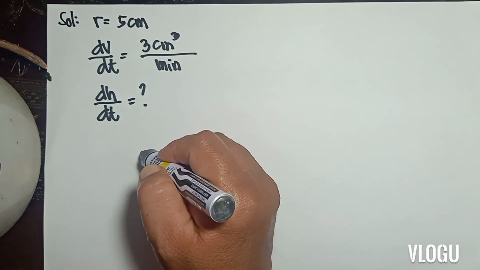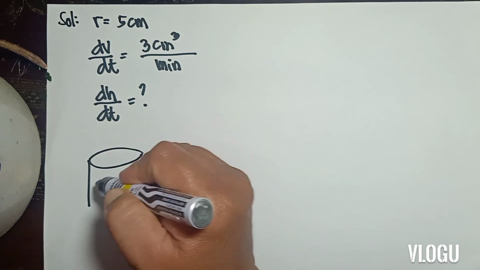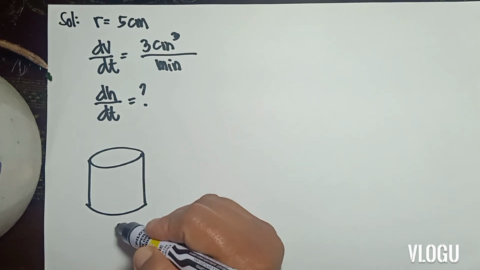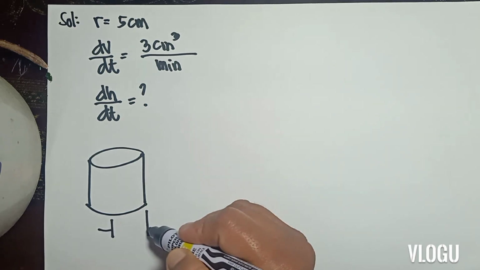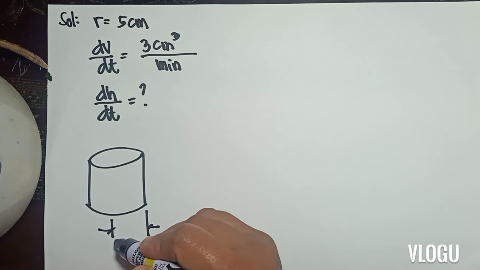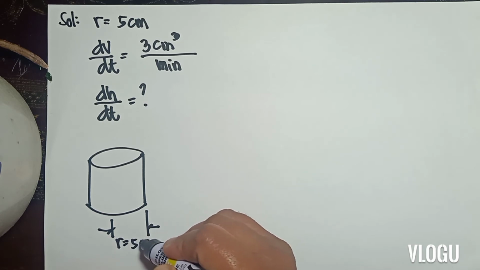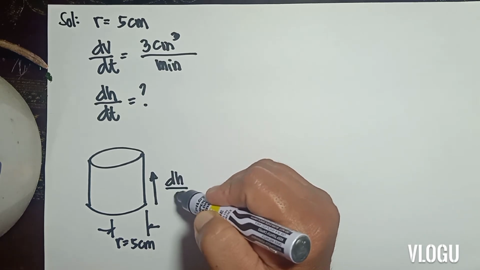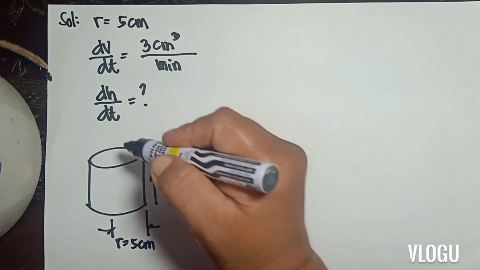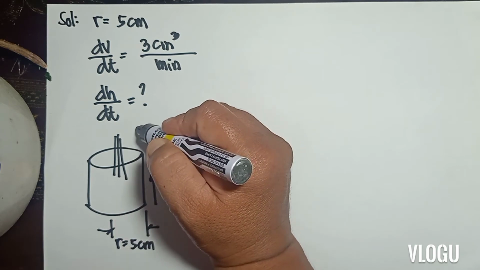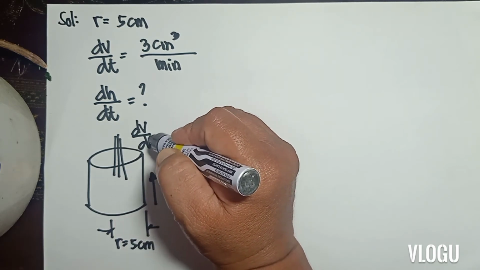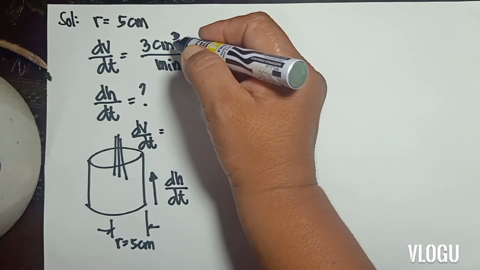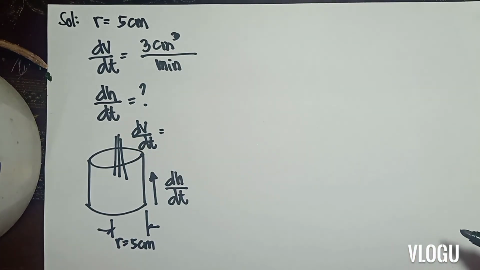The figure is a cylindrical container with a radius of 5. dh/dt is being asked, and the amount of water getting inside, dV/dt, is equivalent to 3 cubic centimeters per minute.